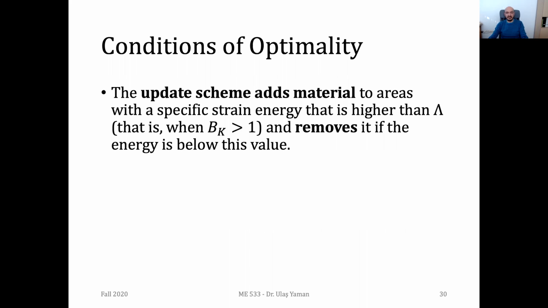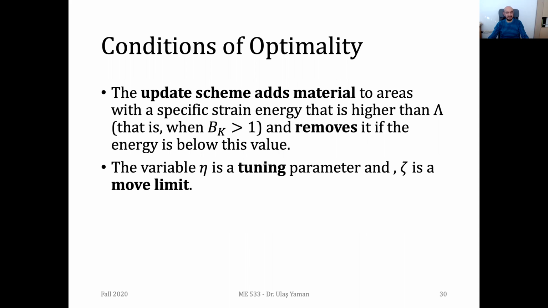And here, in this multiplication or computation, we are trying to find whether there will be more material in the same cell, or less material. And in those equations, if you have realized, we have some parameters. These are a tuning parameter and a move limit.